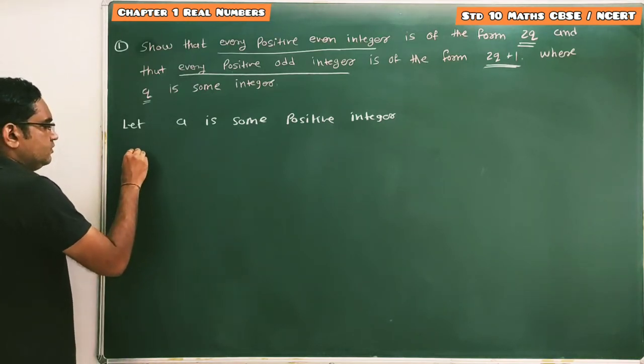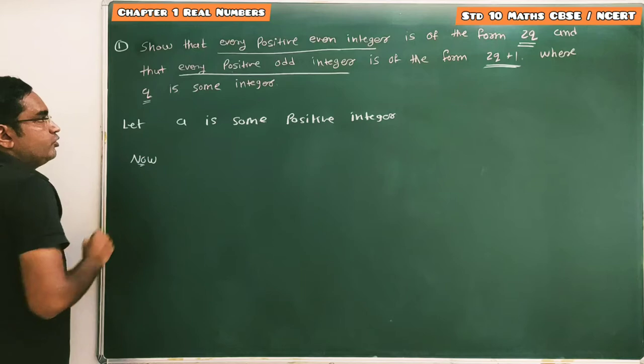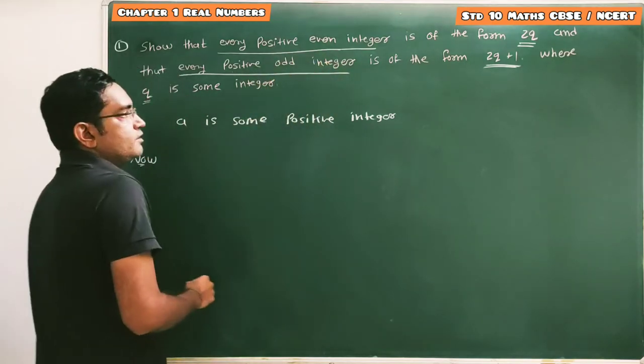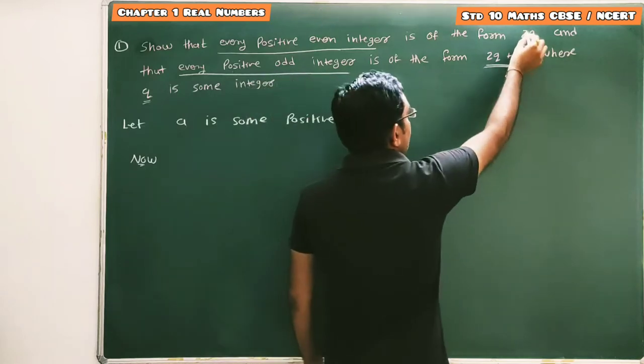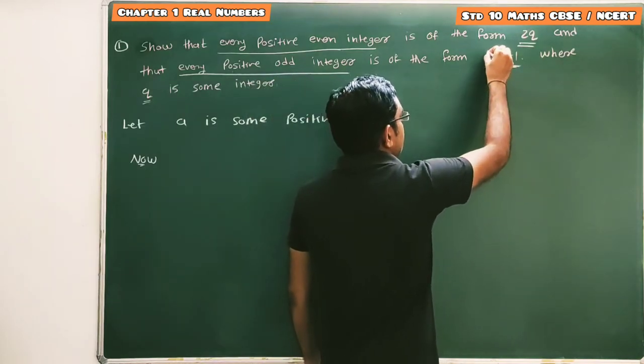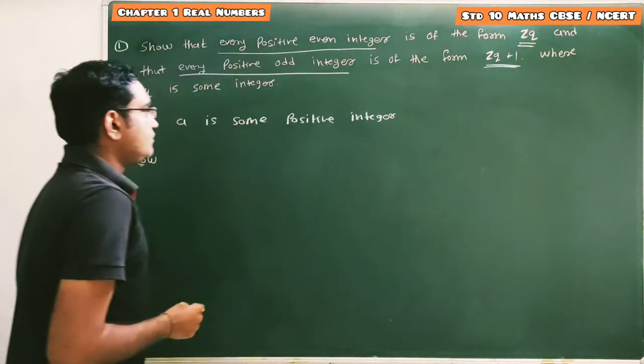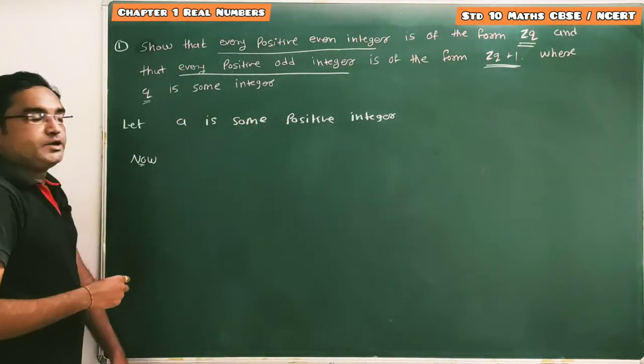Now we have to represent this positive even integer as well as positive odd integer in the form of 2q as well as 2q plus 1. So now we will divide this positive integer a by 2.